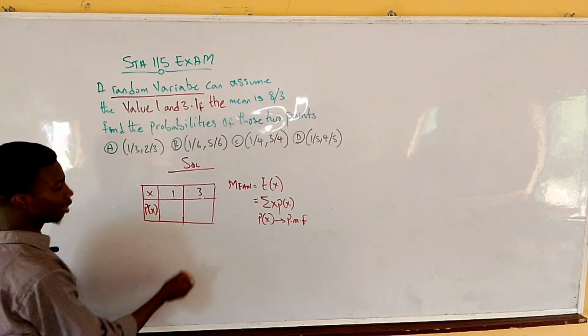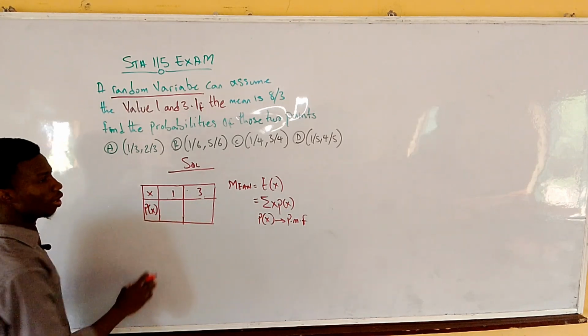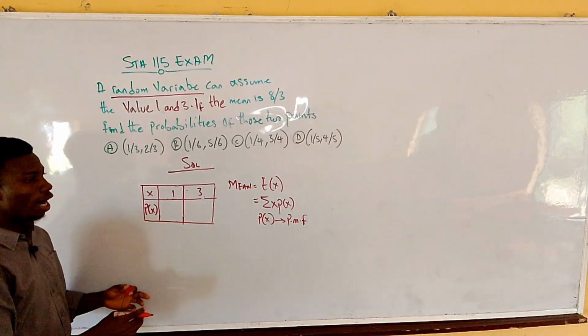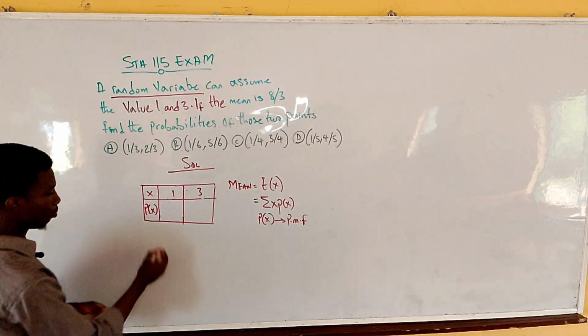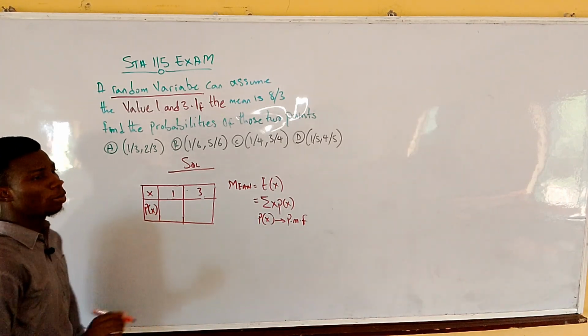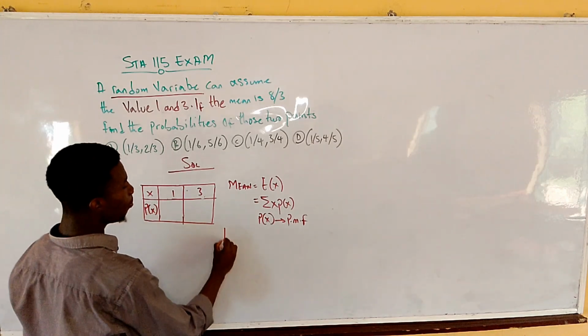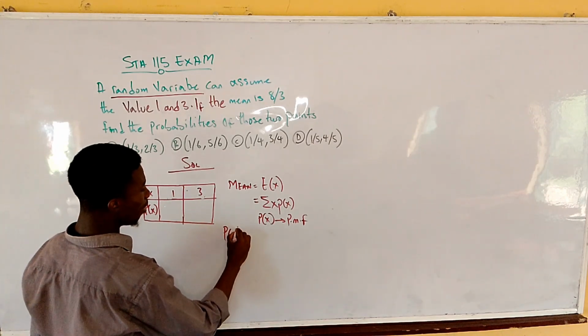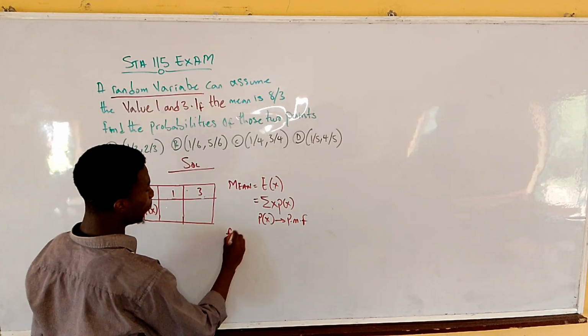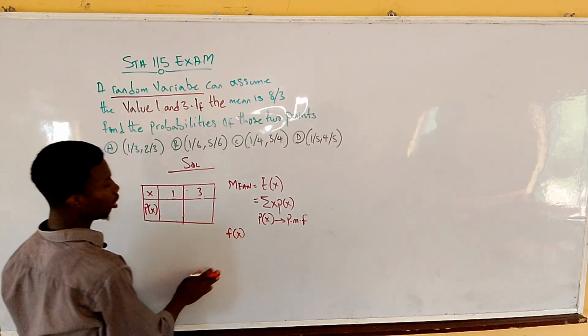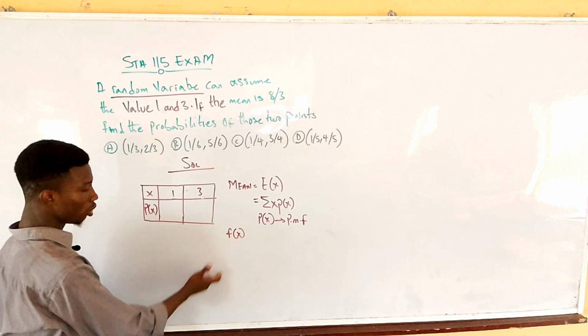What we can do is, for you to call something a PMF or PDF, there are 2 criteria that must be satisfied. Criteria number 1, the PMF or PDF, let's just generally call it a PDF or a PMF. The PMF is discrete, the PDF is continuous.